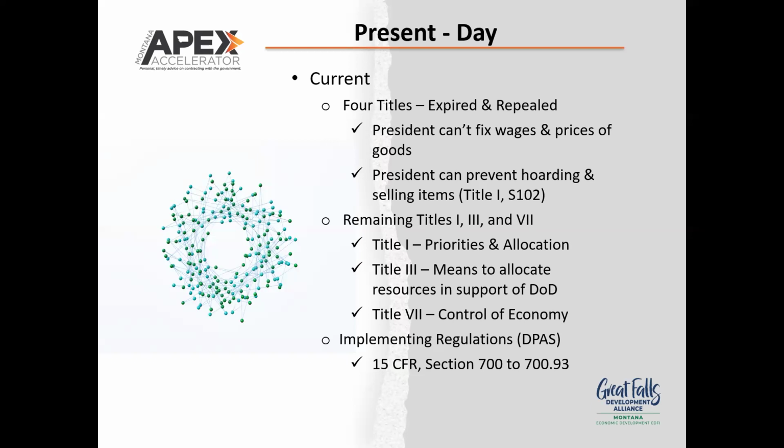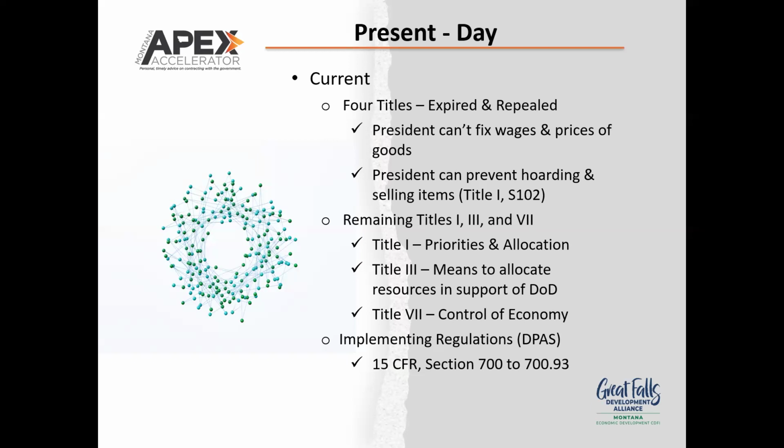It also allows the government to receive items through contracts before any other competing interest. The allocation authority gives the president the power to allocate or control general distribution of materials, services, and facilities.